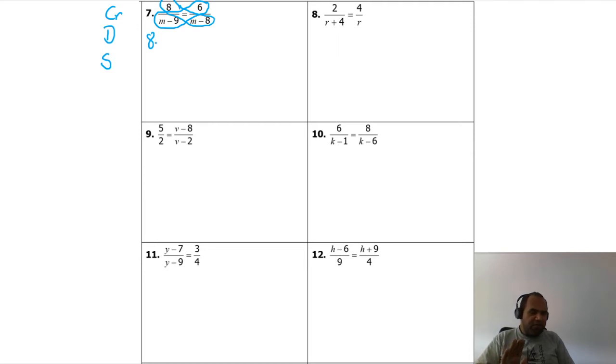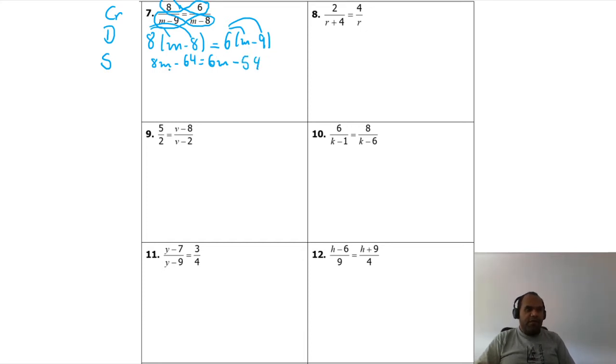If you're not confident to do it by yourself, mental math, recall this, no problem. 8 times m minus 8 equals 6 times m minus 9. Great, let's solve it. Distribute this. 8m minus 64 equals 6m minus 6 times 9, it is 54. Great. Right now just solve it.